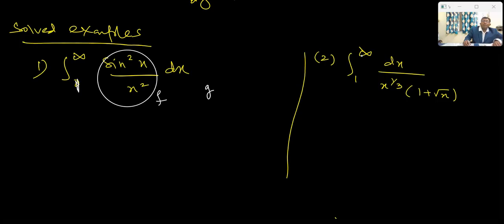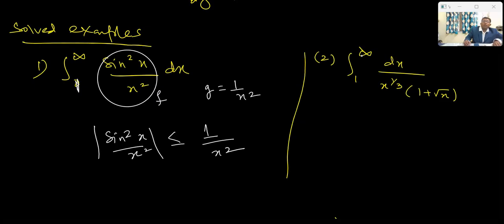If I consider my g as 1 by x square, you see now sin square x by x square. So sin square x is less than or equal to 1, its maximum value, and it is 1 by x square. What happens to this integral of 1 by x square dx from 1 to infinity? It is convergent.